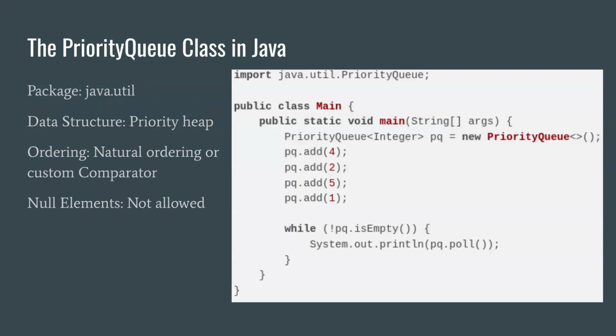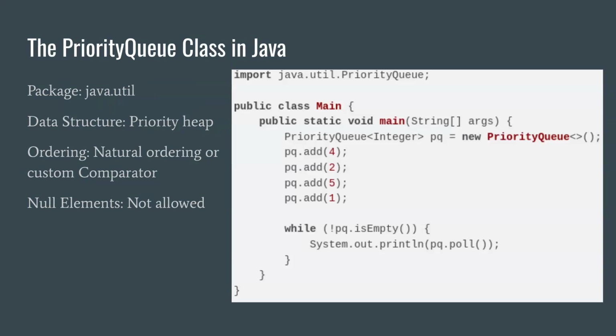The priority queue class in Java. So let's look into the priority queue class in Java, which is part of the Java util package. The priority queue is an implementation of a priority queue using a priority heap.